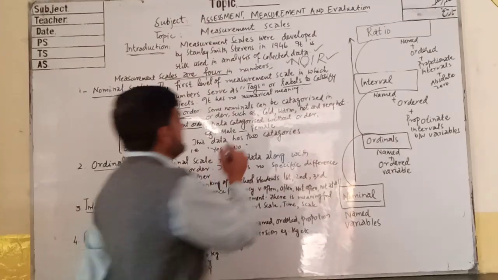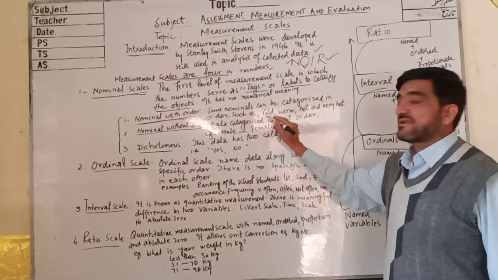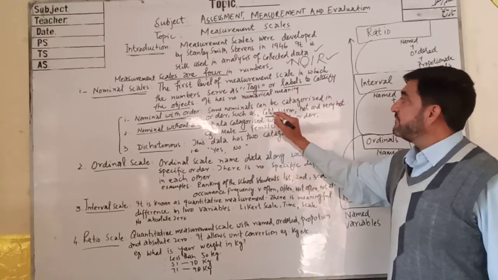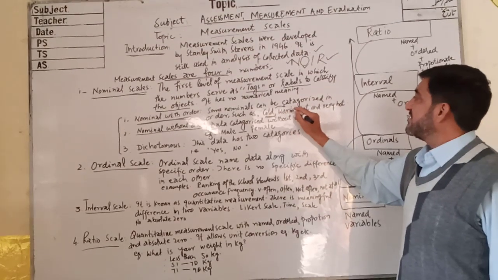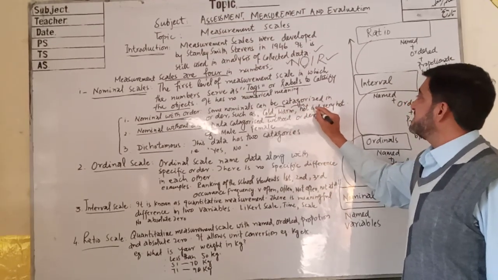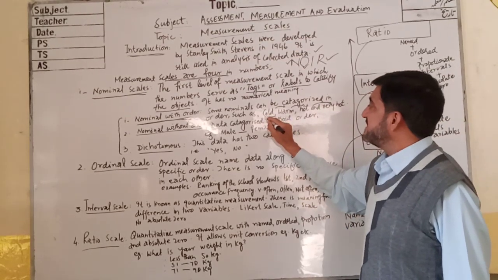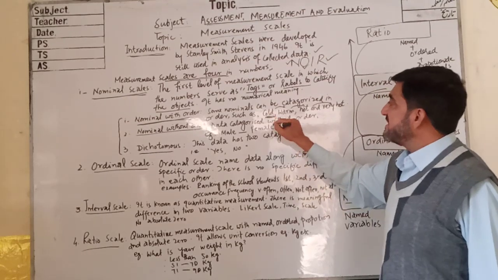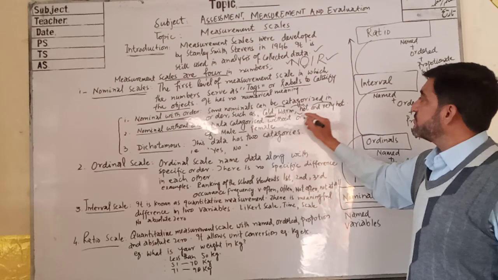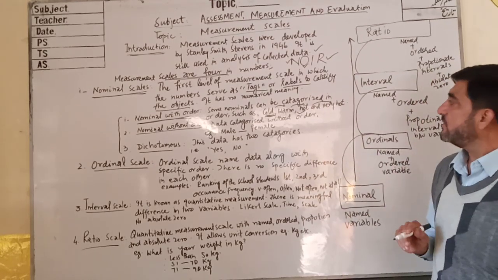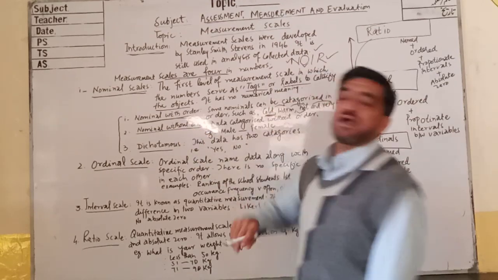When we observe, there is an order. Where there is cold there will be warm, then hot, and then very hot. So it travels in order from cold to warm, from warm to hot, and from hot to very hot.